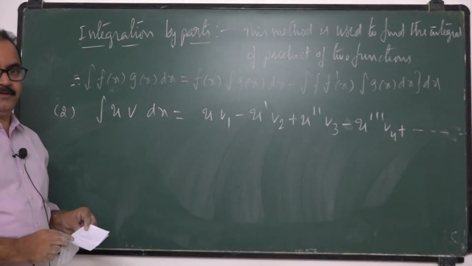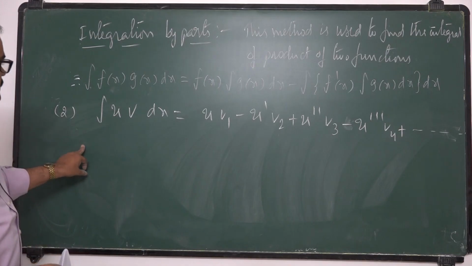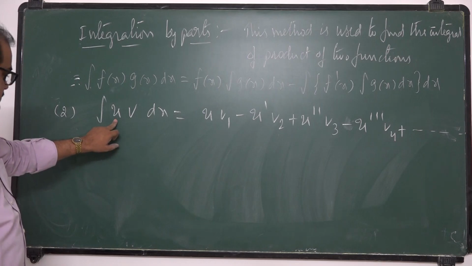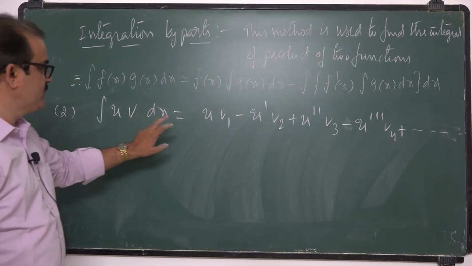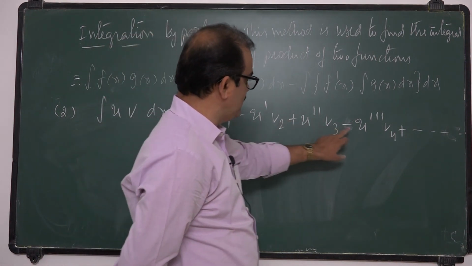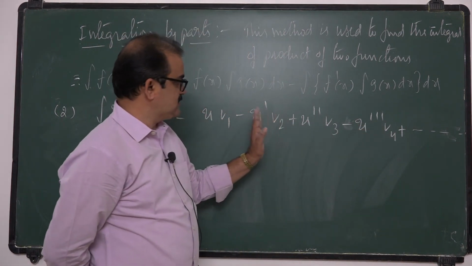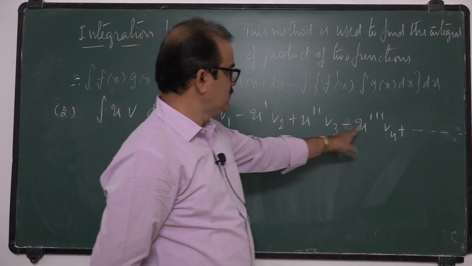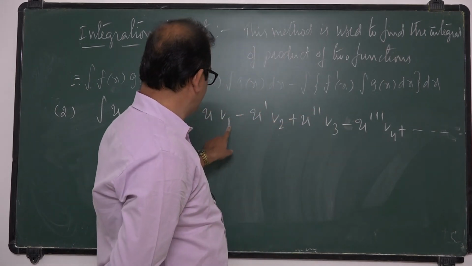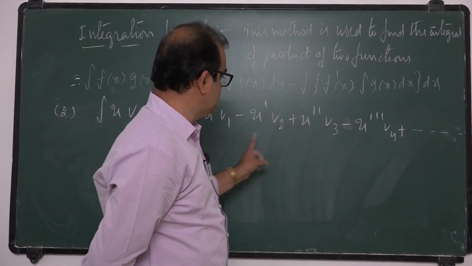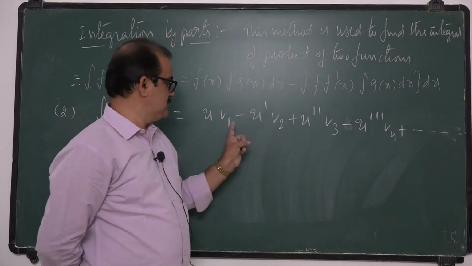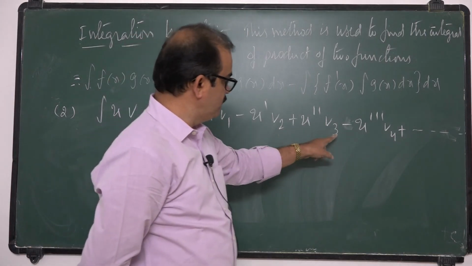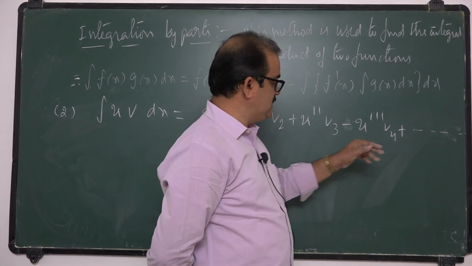To find the integral of the product of two functions, you may apply this formula or this formula also. Here the first function is taken as u, the second function is taken as v. Here u dash, u double dash, u triple dash are successive derivatives: first derivative of u, second derivative of u, third derivative of u. Here v1, v2, v3 are successive integrals. v1 is called the first integral, v2 the second integral, v3 the third integral, and so on.